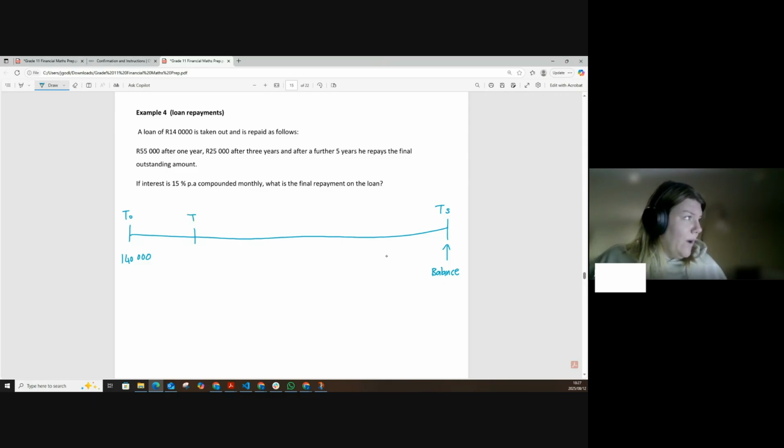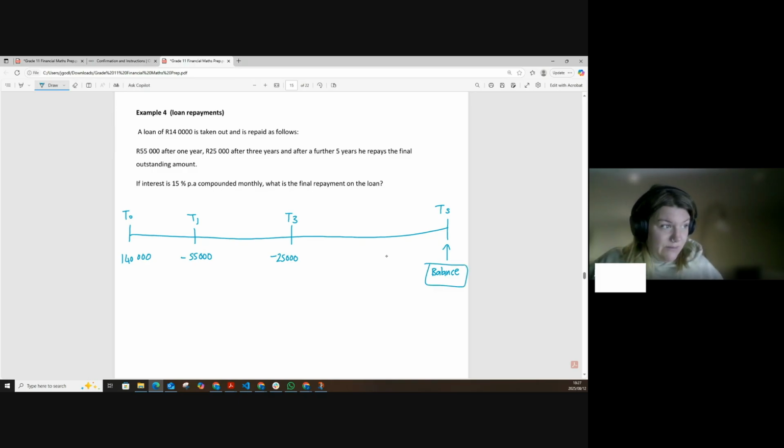After year 1, we paid, so that's going to be minus 55,000 Rand. 25,000 Rand was paid after 3 years, so at T3 we paid 25,000 Rand. And after a further 5 years, he repays the final outstanding amount.